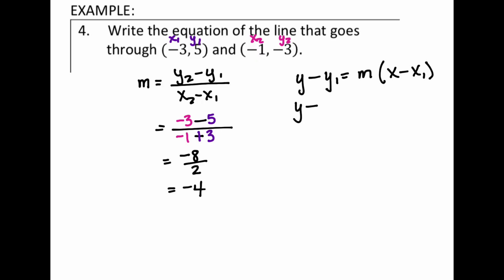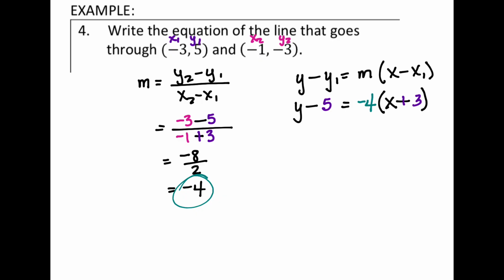Y minus 5, because that's the y value, is equal to the slope we just found, which is negative 4, times x minus the x value from the same point, minus negative 3. Okay, so these two have to be from the same point. You can't choose one of these and one of those because it's not the point that the line goes through.